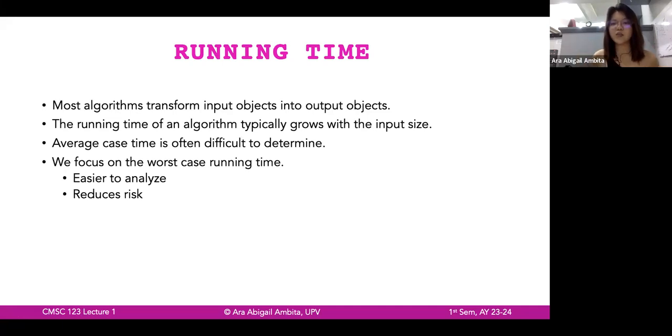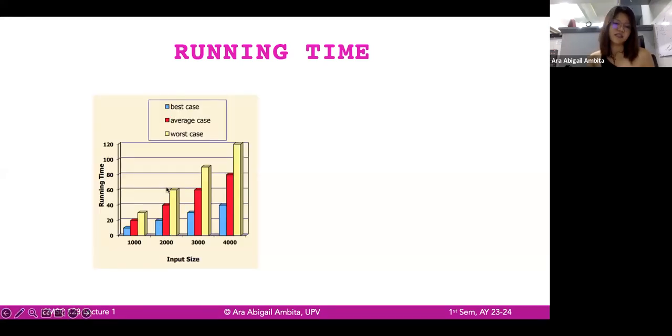So in this case, we are going to focus on the pessimistic view, which is the worst case running time, which accepts the worst possible inputs because it is much easier to analyze, and it also reduces some risk. Compared to the optimistic view or the best case, which accepts only the trivial cases and is meaningless when analyzing the algorithm.